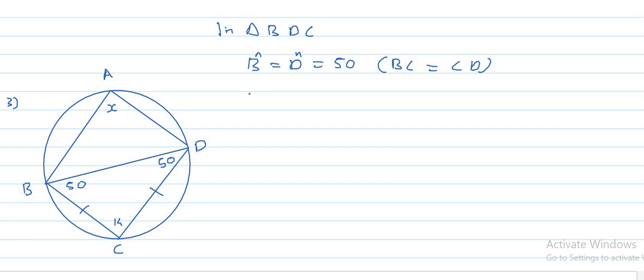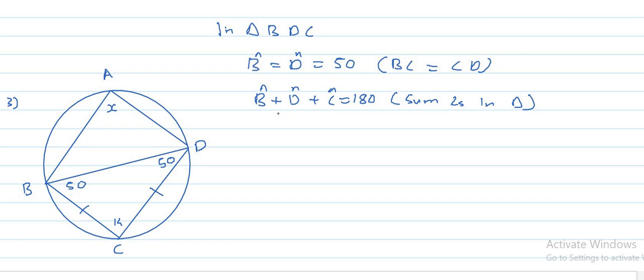Then we're going to say, still in triangle BCD, angle B plus angle D plus angle C equals 180 degrees. What is the reason? The sum of angles in a triangle.